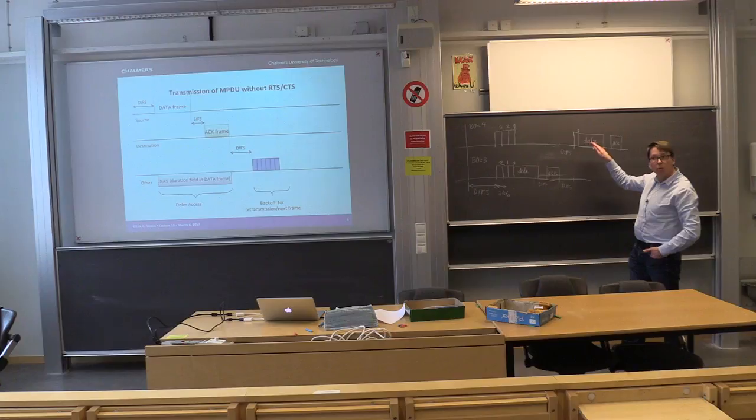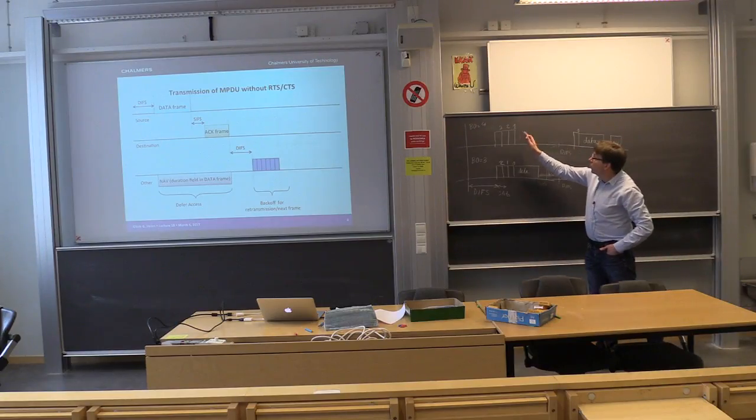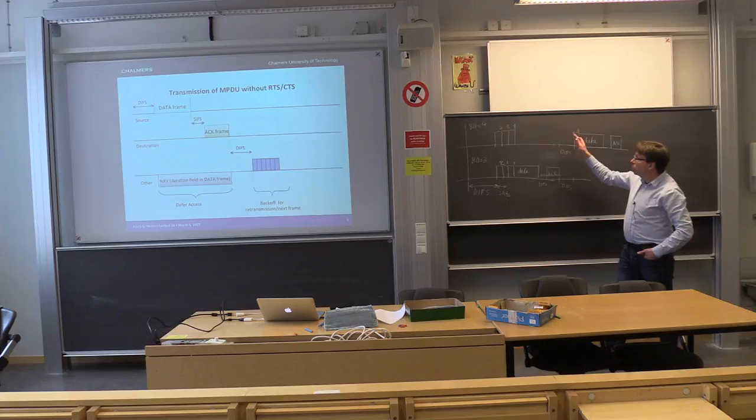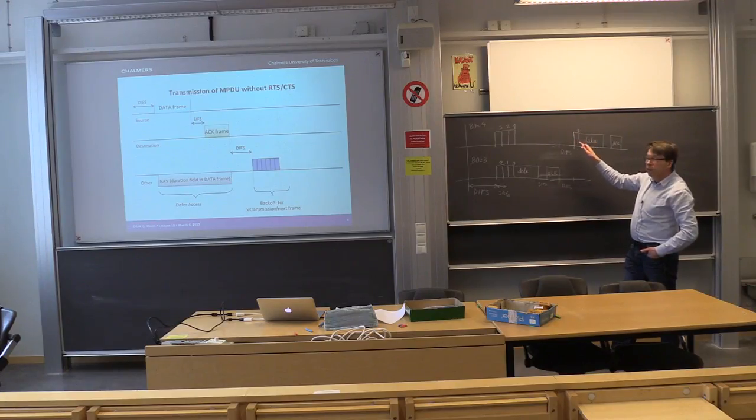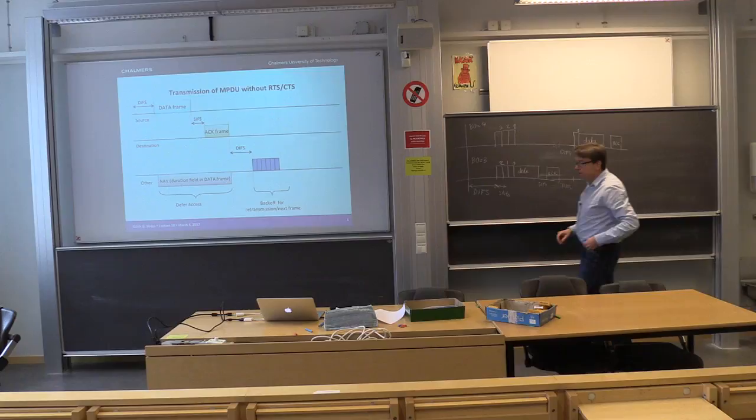So eventually we will be able to transmit. But it might take time. Okay. Now, since we are backing off, reducing the backoff counter all the time, eventually we will have priority over the other stations who are waiting, right? Okay.